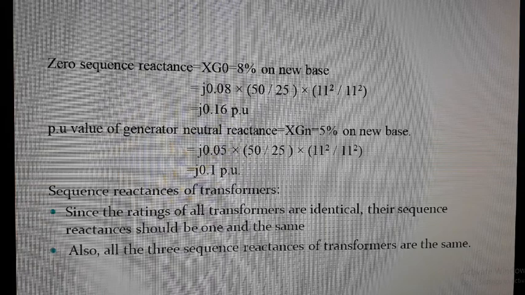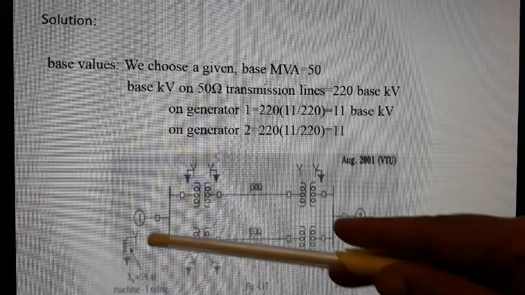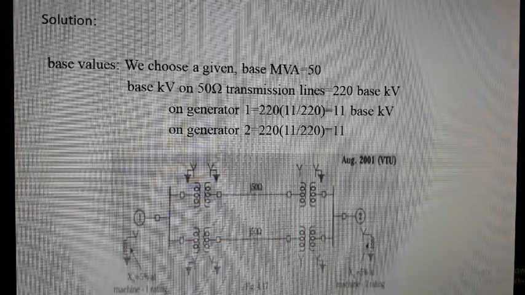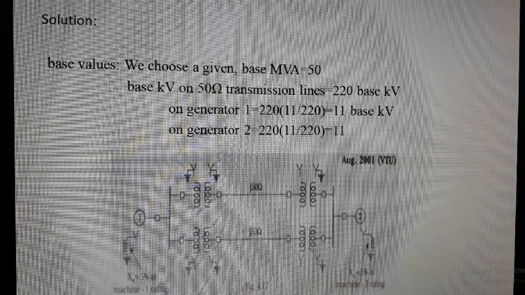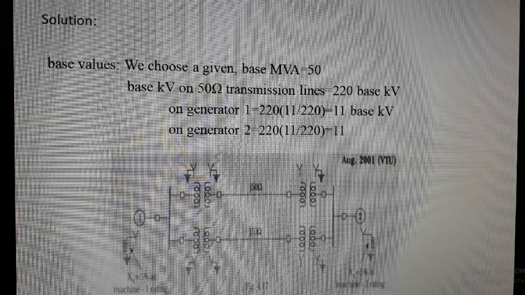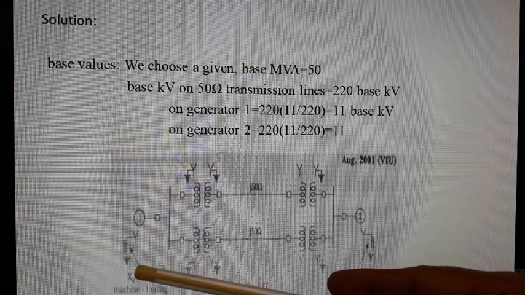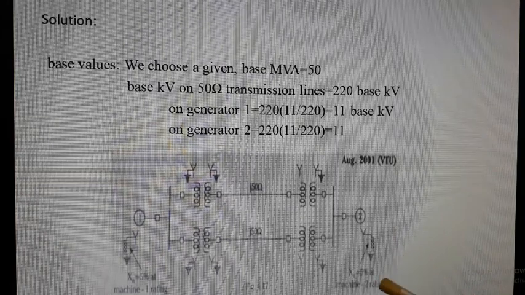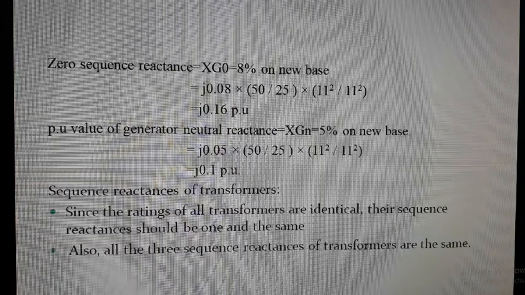And the per unit value of the generator neutral reactance. This is also very important. The generator neutral reactance value has been given because that has to be included in the zero sequence network. Therefore this reactance must also be calculated for the new base. Both generator 1 and generator 2 are star grounded through reactances, and that we must also take into account.